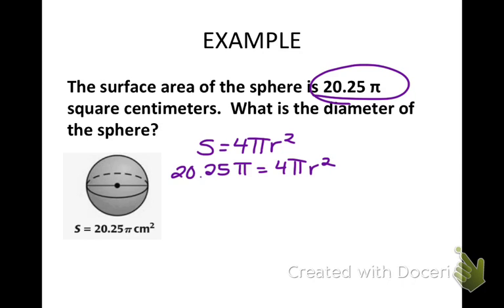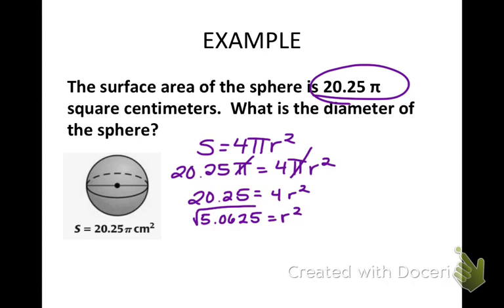Because I have a pi on both sides of this equation, I can just cancel them out by dividing them. So cancel, cancel. So now I'm left with 20.25 equals 4r squared. Yep, divide by 4. So 20.25 divided by 4 is 5.0625 equals r squared. Now how do we undo the r squared?